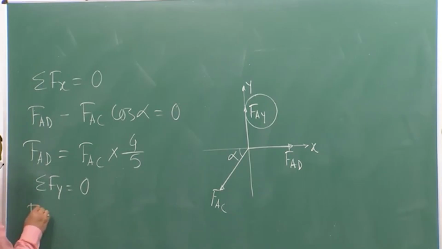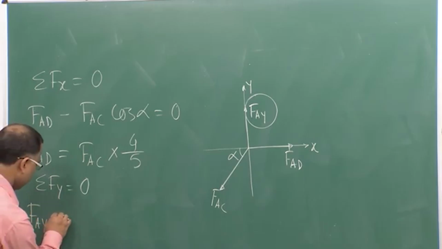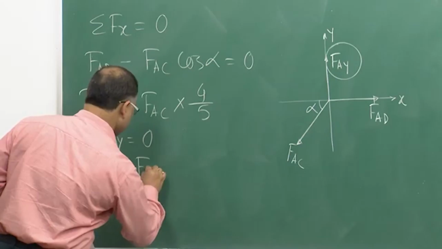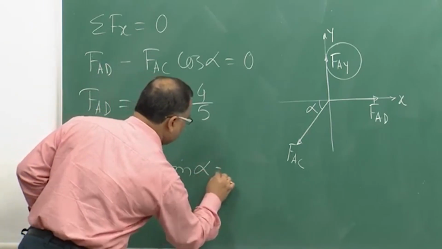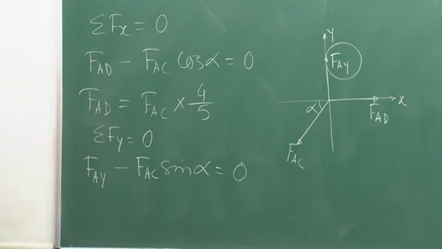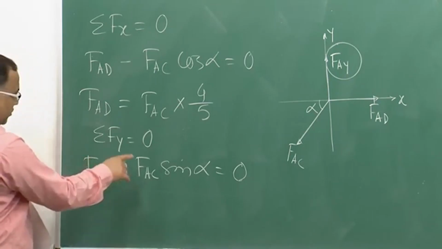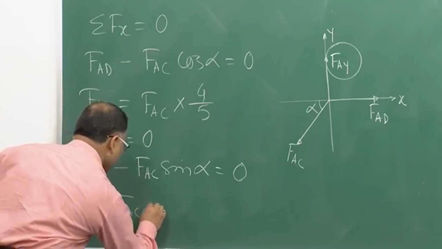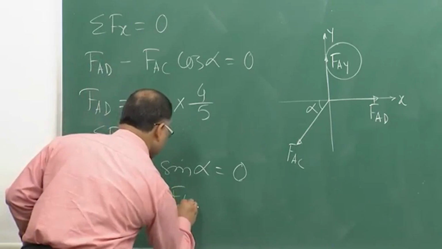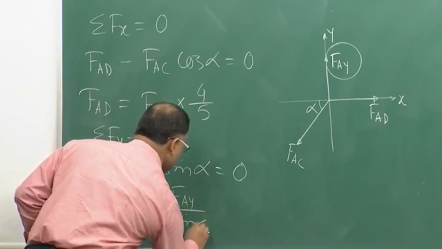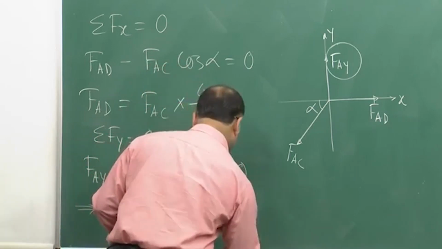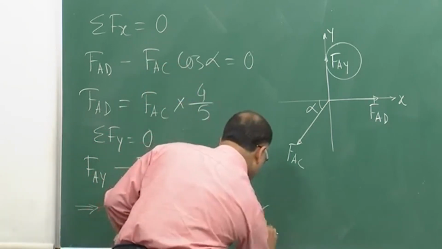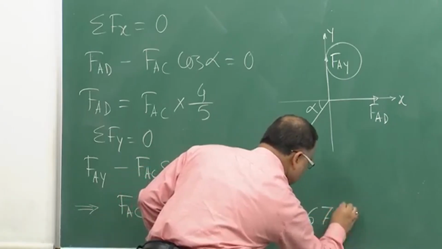So, from this what I will be getting is FAY, which is acting in positive y direction, so hence it is positive, and then minus FAC sin alpha is 0, right. So, this is known to me. So, from this I will be simply getting FAC is equal to FAY by sin alpha, that gives me 16,66667 pound.